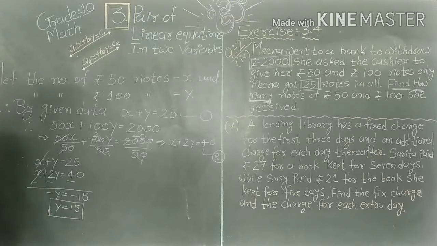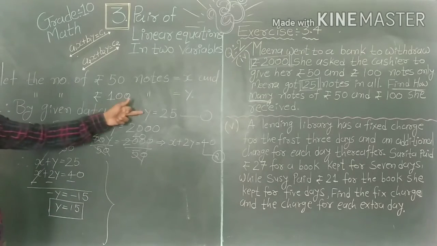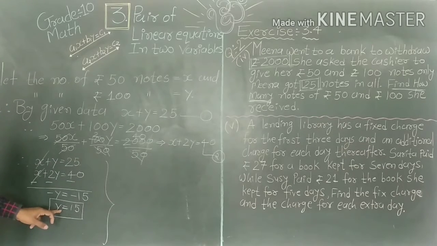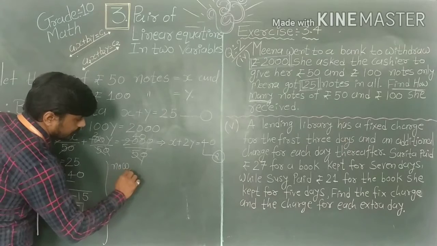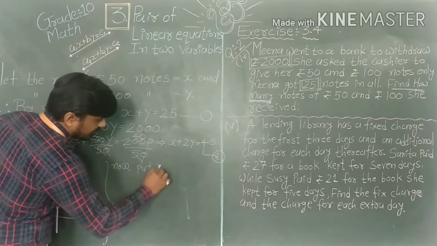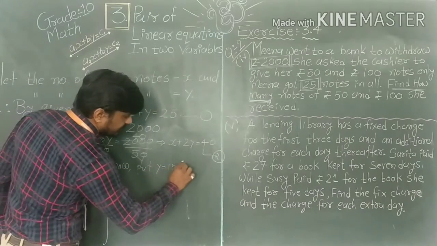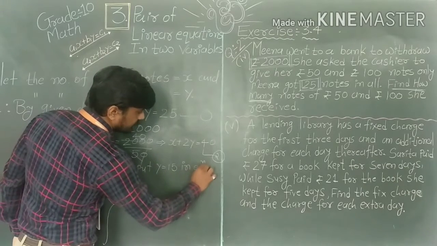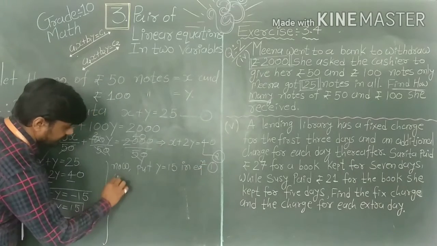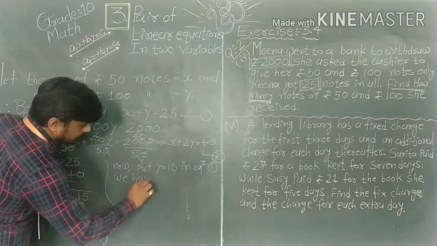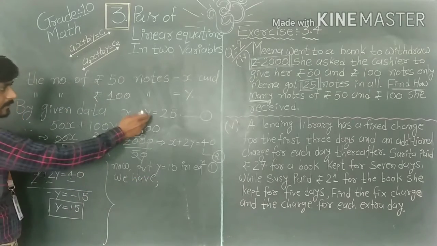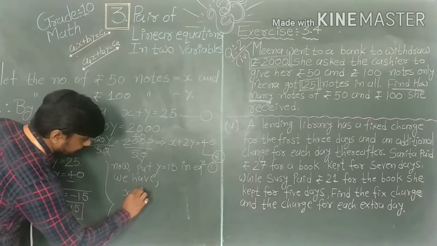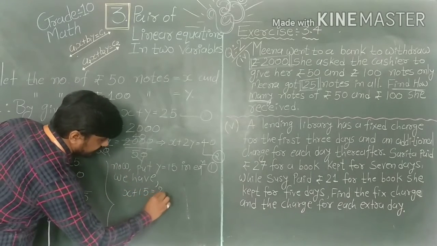Now put this value in any equation, 1 or 2. I put this value in equation number 1. Put y is equal to 15 in equation 1. We have x plus 15 is equal to 25.